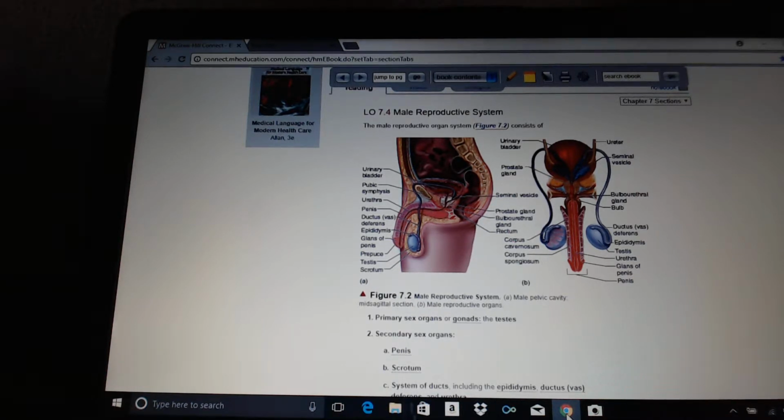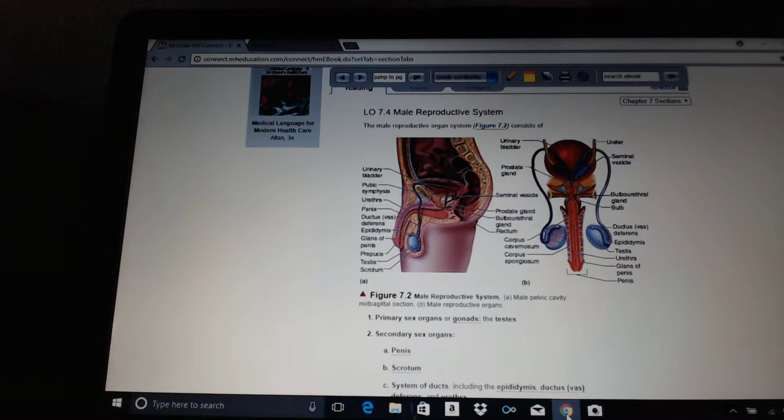And the testes are going to be found in the scrotum, and the scrotum is going to actually be essential because it can lower the temperature to allow the sperm to mature. The sperm have to be 1.2 degrees cooler than core temperature, and the scrotum can be lowered away from the core to give the testes a better chance of producing viable sperm.